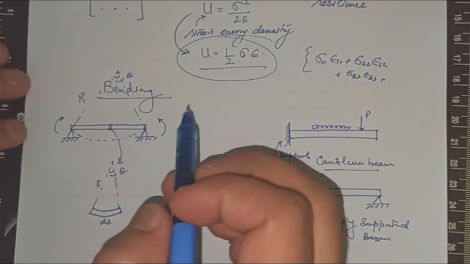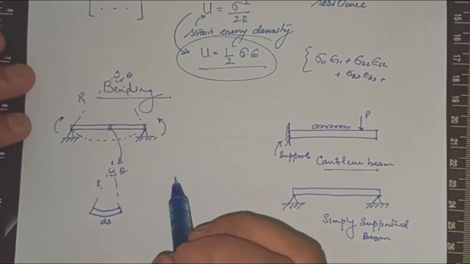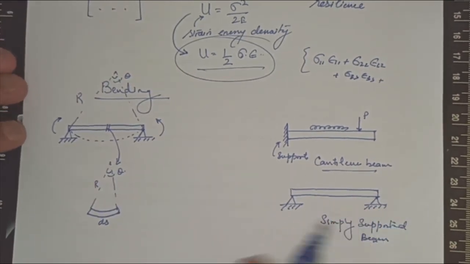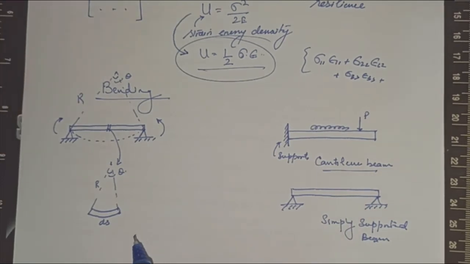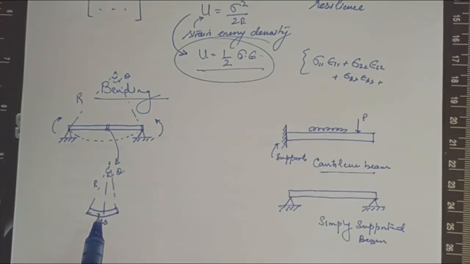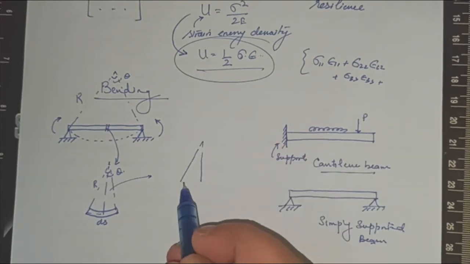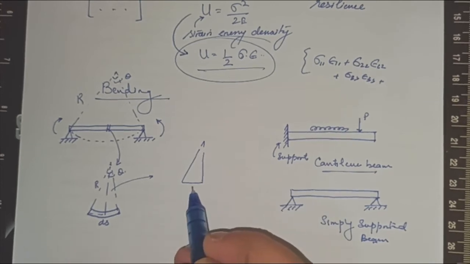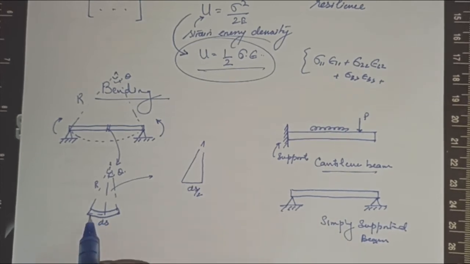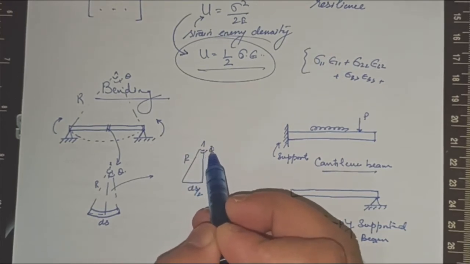So this is an SSB, or simply supported beam, subjected to bending, and let's say a small length ds is taken, subtending angle theta at the center due to bending. So in this case, let's try to take this triangle here, and let's say this is ds by 2. Though this is a curvature, for simplicity let's say this is a bit linear here. This is r and this is theta by 2.